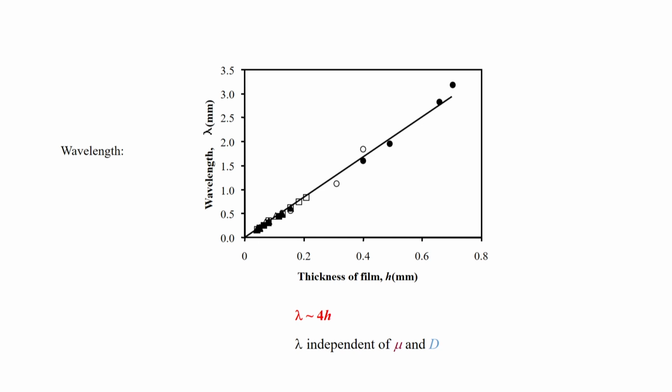Then we can also vary the thickness of these films, and we can use different modulus of the film. It so happens that the wavelength of this instability remains independent of all other parameters except the thickness of this film. As thickness h increases, this wavelength lambda increases, and we can see all the data fall on a single master line, with lambda equal to 4h.